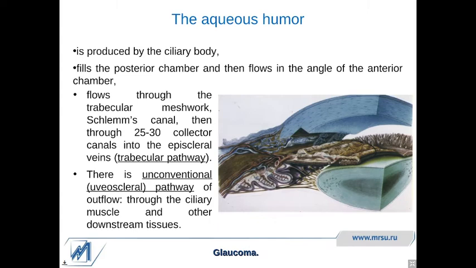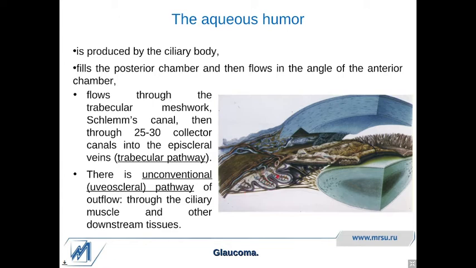What is aqueous humor? We spoke about it in the anatomical lecture, and we must only repeat this information. It is produced by the ciliary body. It fills the posterior chamber and then flows into the angle of the anterior chamber. These are processes of the ciliary body.